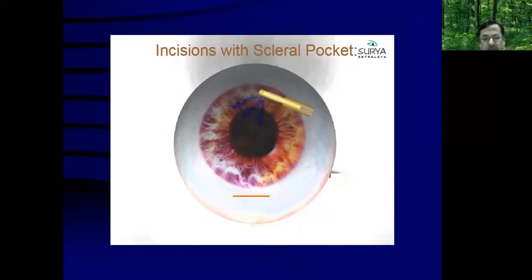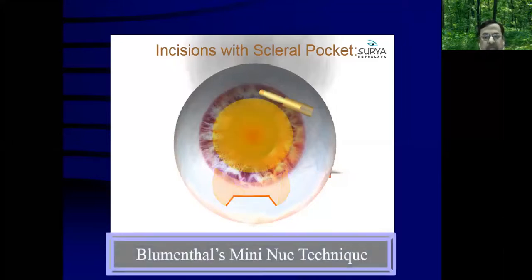And as I told you last time, the Blumenthal incision is a straight central 4 millimeter horizontal incision followed by 2 radial cuts. Do the scleral tunnel dissection in the usual way, but this is not with the pocket, so do additional dissection on both sides. These curved dissections are called the scleral pocket, which can trap the nucleus. Once you dissect the tunnel and take the nucleus out into the antechamber, you have to put a thin glide, which is called the Sheets glide.